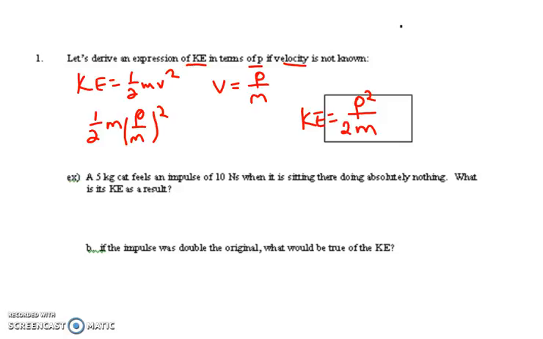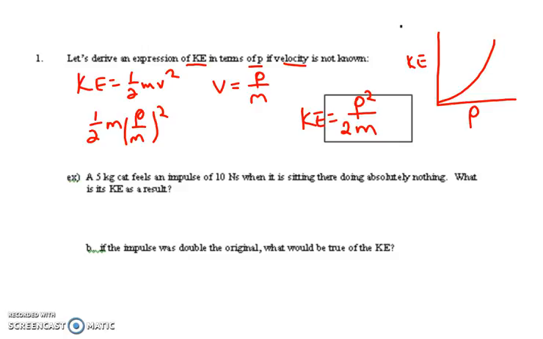And so we have a nice little equation that says kinetic energy is equal to the square of the momentum divided by 2m. And in fact, if we were to plot KE versus momentum, we see that they're not linear with each other. There's a quadratic relationship.